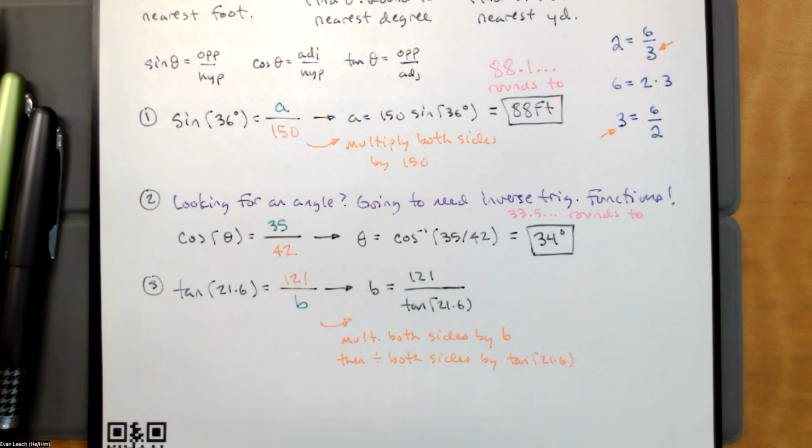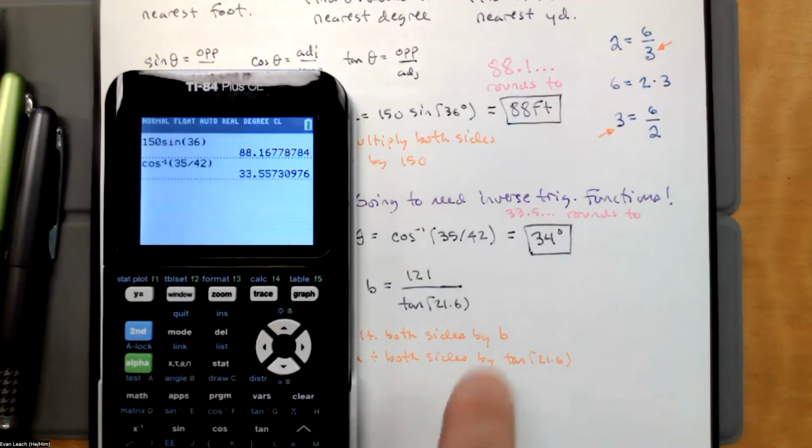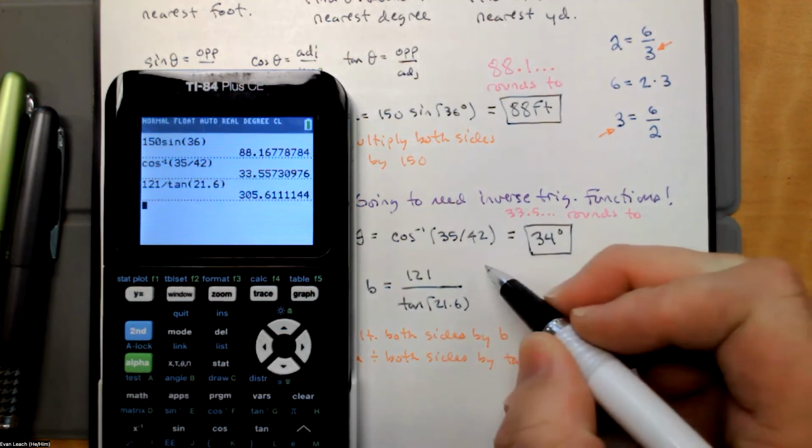So now we can just take what we have and type it in our calculating machine. Type it like we see it. We're just going to go 121 divided by the tangent of 21.6, close parentheses, and then hit enter. So it looks like that side is 305.6 and then stuff.